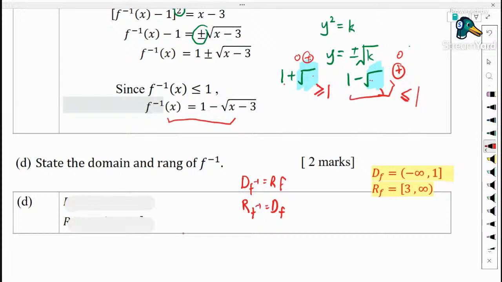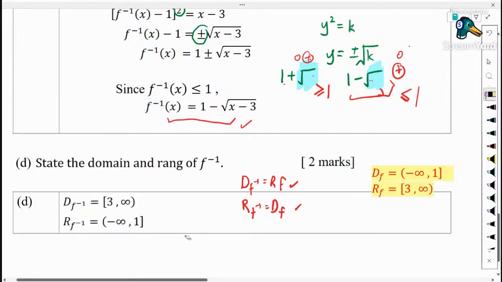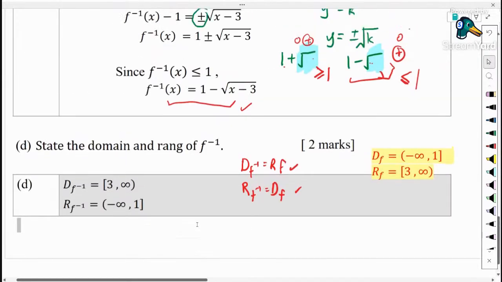Check whether the domain and range you observe from the inverse function are valid for these properties or not. If not valid, then check back where you made the mistake. In this case, the domain is 3 to infinity, and the range is negative infinity to 1. That's it, and there goes the solution for question number 4 in section B.